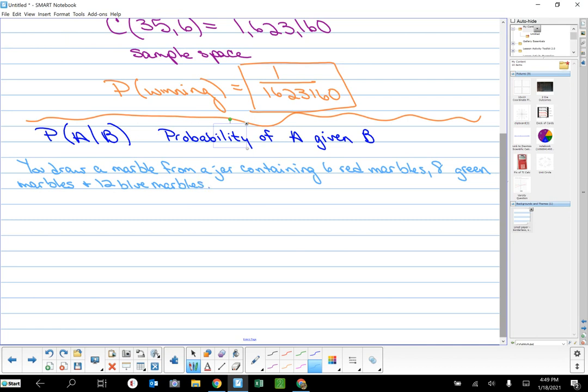What is the probability of drawing a green marble, given that you did not draw a red one?